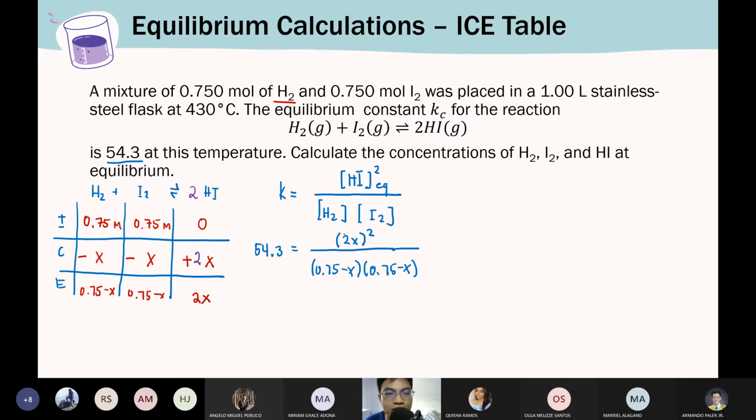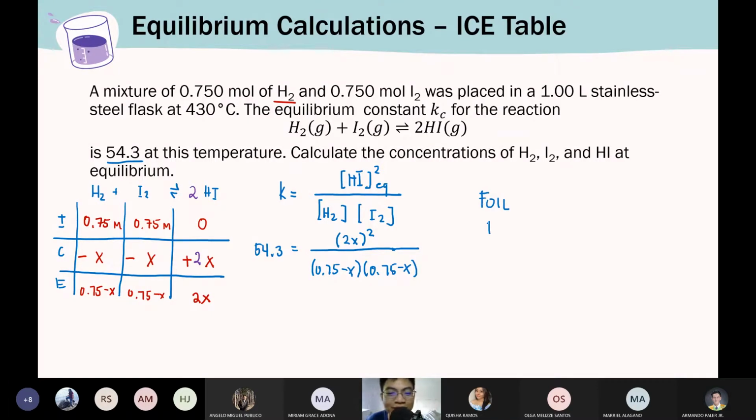Gusto ko huminga kayong malalim kasi ako ay mag-algebra. Umagang-umaga, mag-algebra tayo. Okay. So, ano gagawin ko dito? This is a binomial. So, gagawin ko dito ay FOIL method.